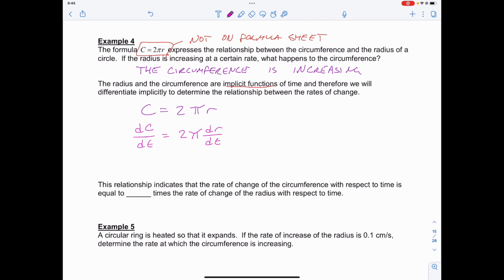The relationship indicates that the rate of change of the circumference with respect to time is equal to 2 pi times the rate of change of the radius with respect to time.